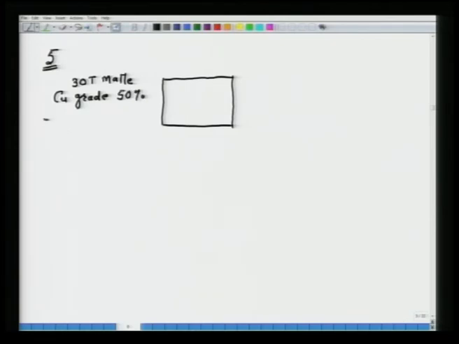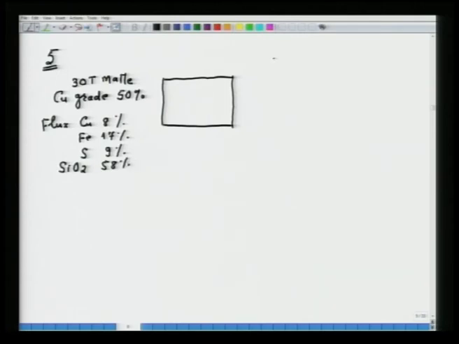Now, the flux contains, all in percent, copper 8%, iron 17%, sulfur 9% and SiO2 58%.